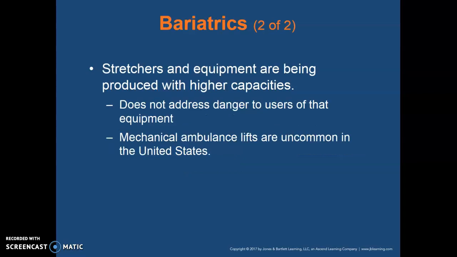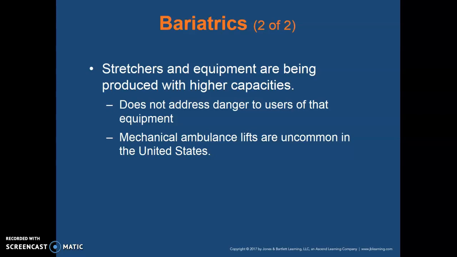There is special equipment to help safely move these patients around. They continue to come out with more and more equipment that is at a higher rating to allow larger patients to be able to use them safely.